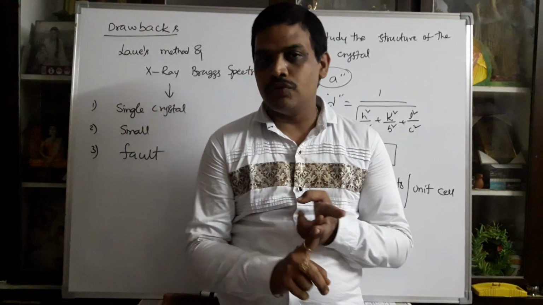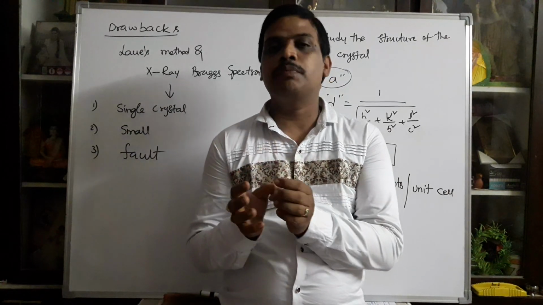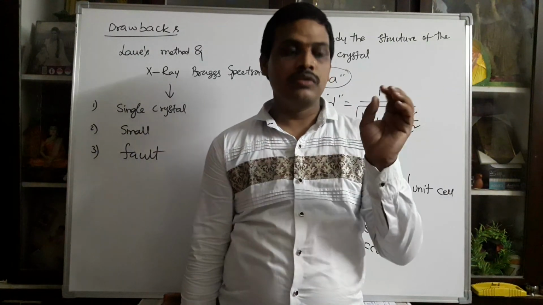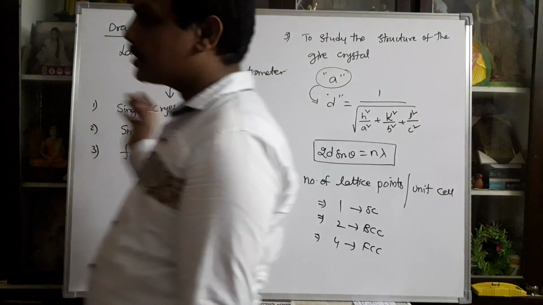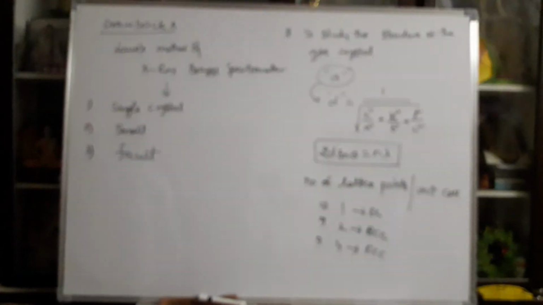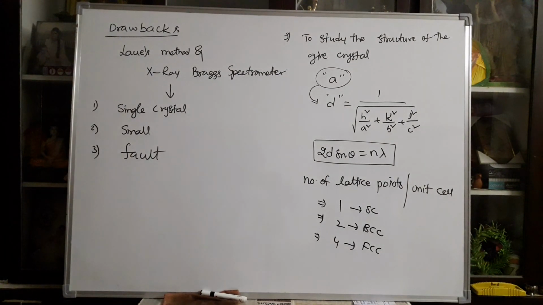Suppose the crystal is in powder form, then the powder method can explain the structure. That is the next method. The next method is the rotating crystal method.